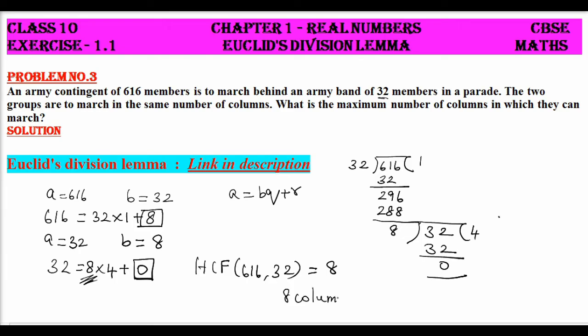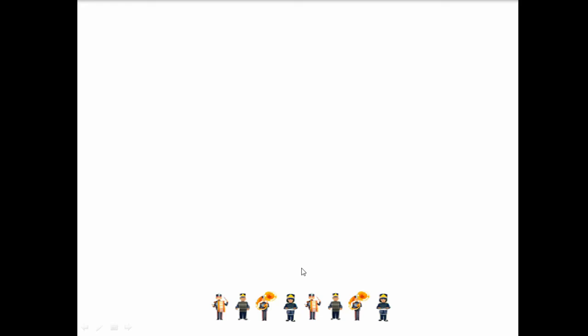If I arrange them in 8 columns, that will be the perfect arrangement. Okay, now let's get into the visualization and see the arrangement of them in 8 columns. Okay, now the arrangement I have got is 8 columns, isn't it?